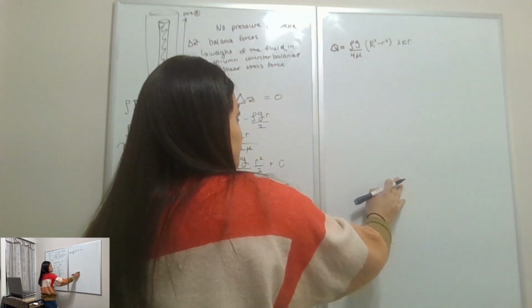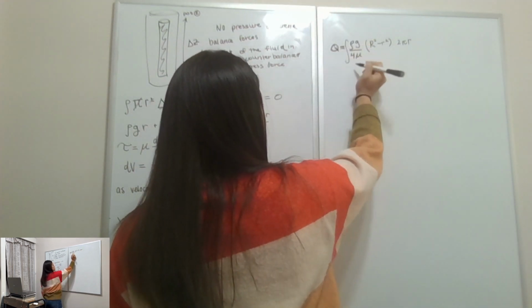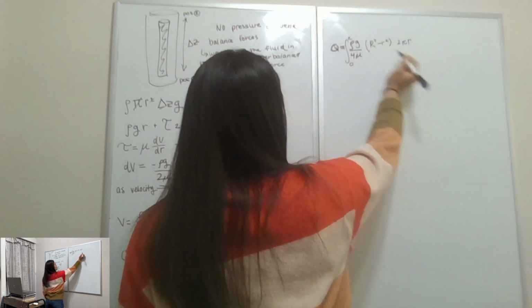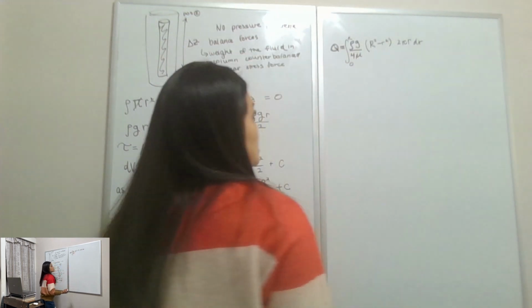So this is all going to be the integral from 0 to the outer radius with respect to radius.